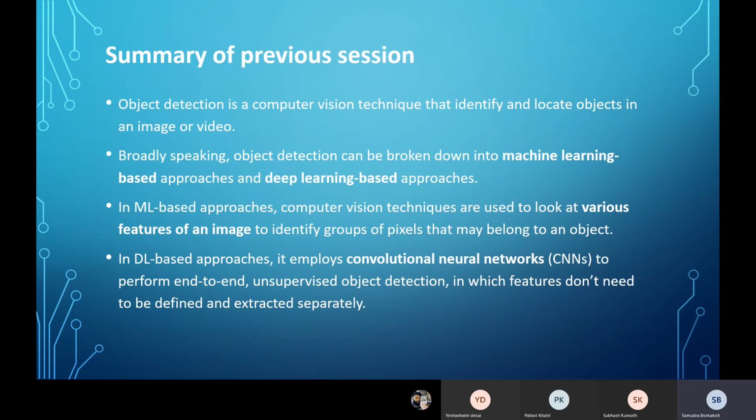And deep learning based approaches are computer vision techniques that look into various features, and it uses convolutional neural networks mostly. It has a lot more learning involved rather than just guessing.